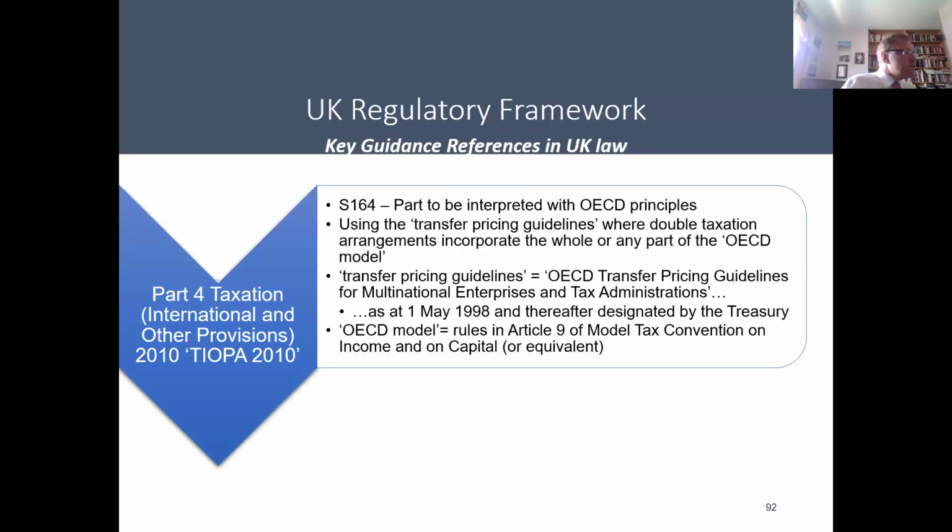In terms of the UK regulatory framework, what you're looking at is that it needs to be interpreted in line with OECD principles. It's very interesting, and I think it's a question of reverse psychology. The UK has always been fairly keen on adopting rules that the OECD has produced and their guidelines, and in most circumstances will adopt them.